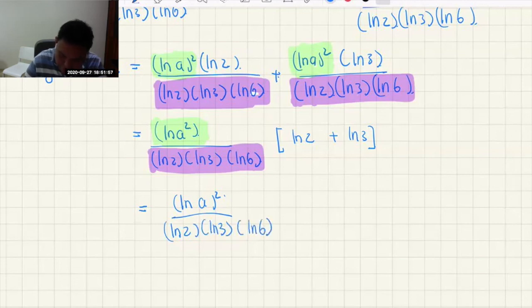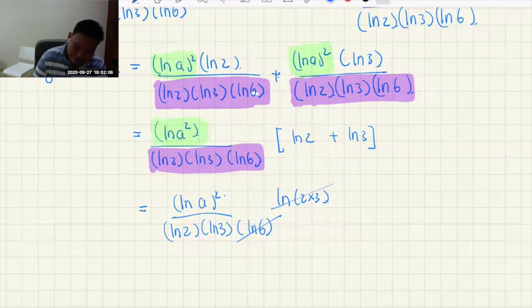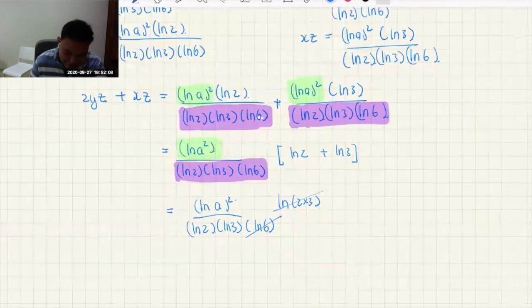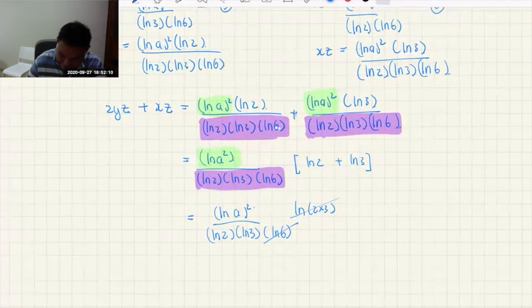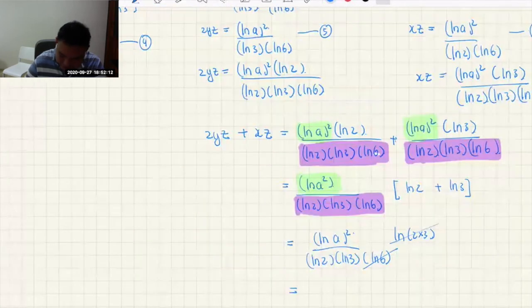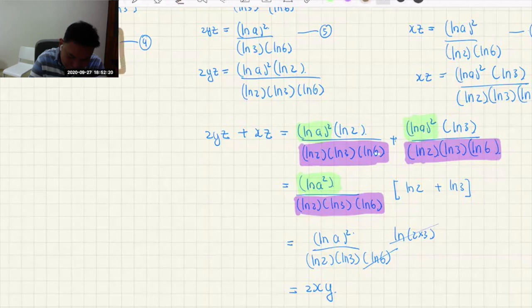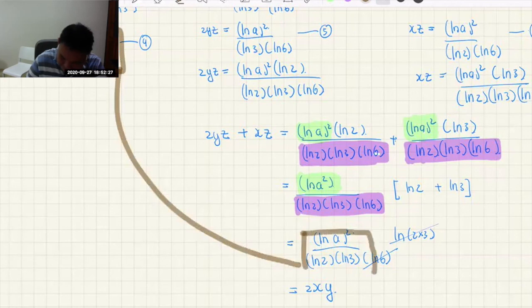This one, ln 2 plus ln 3 is equal to ln 2 times 3, which is ln 6, which means we can cancel them. And if you look at equation 4, this one is 2xy. Can you see them? It's the same.